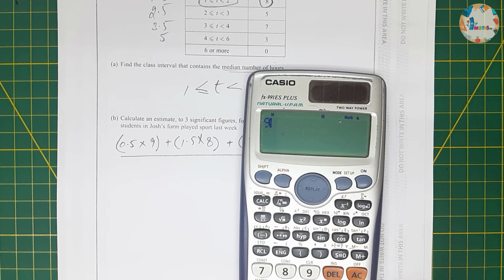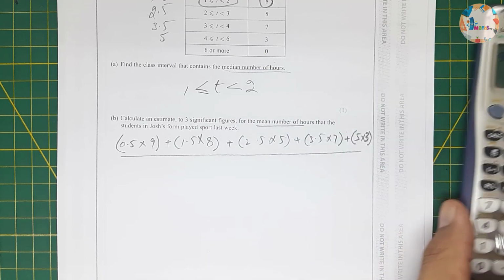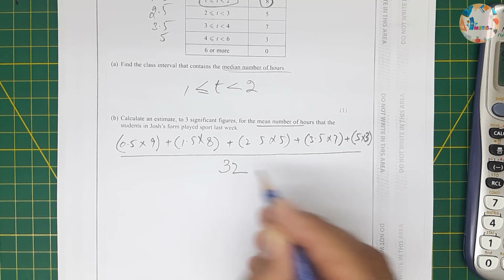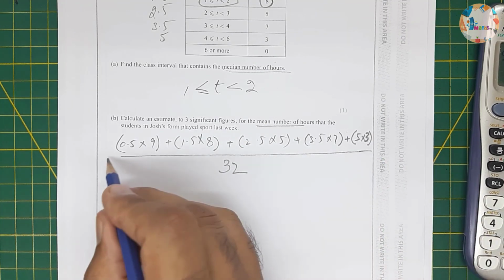So it's 32, but I will double check: 8 plus 9 plus 5 plus 7 plus 3 is equal to 32. So we'll divide this by 32.